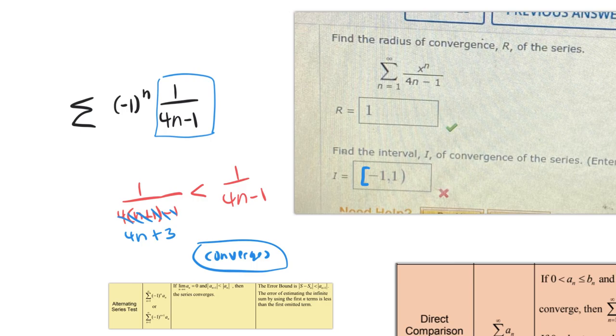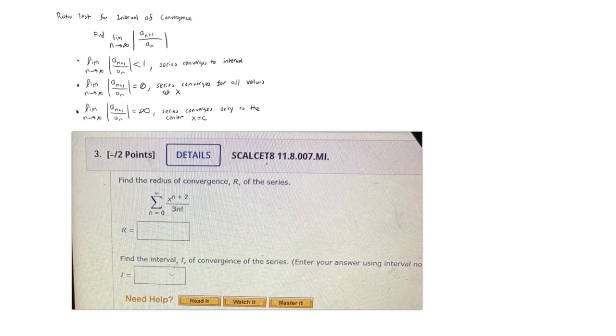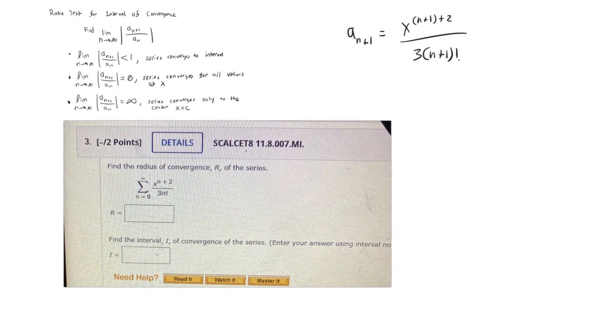Okay, so looking at the next one, obviously we're going to be doing the same thing. So let's find a sub n plus 1 first. And that would be x raised to the n plus 1 plus 2 up there, all over 3 times n plus 1 factorial. And we have a sub n, the original, which is x to the n plus 2, all over 3n factorial.